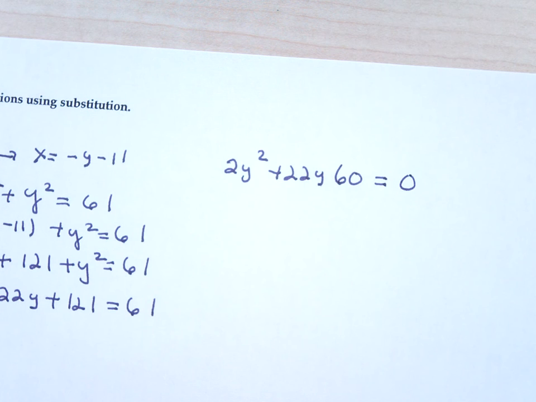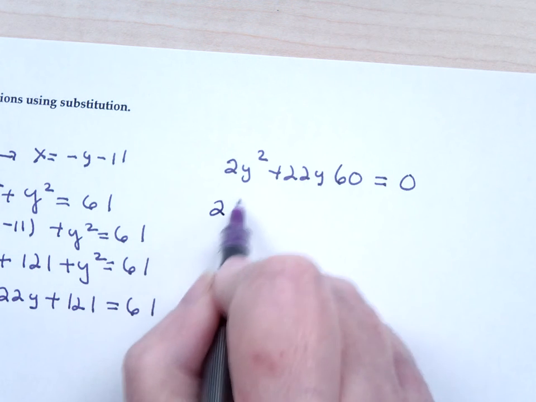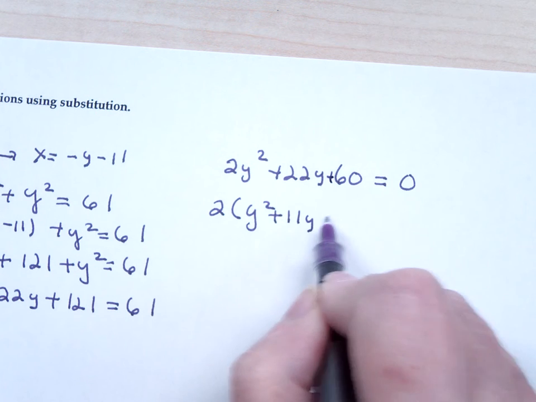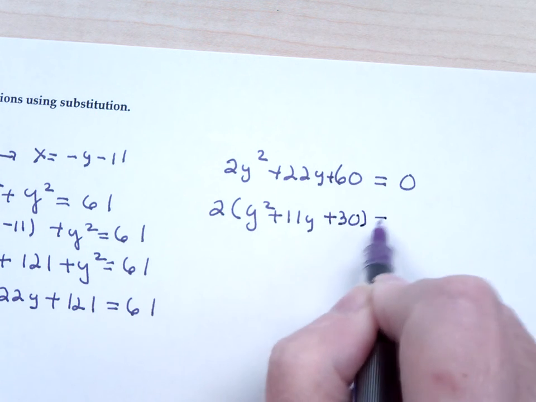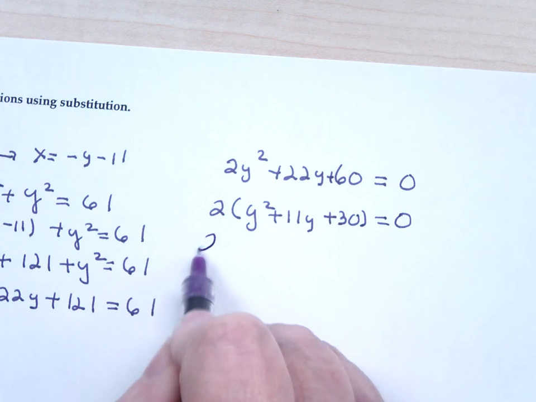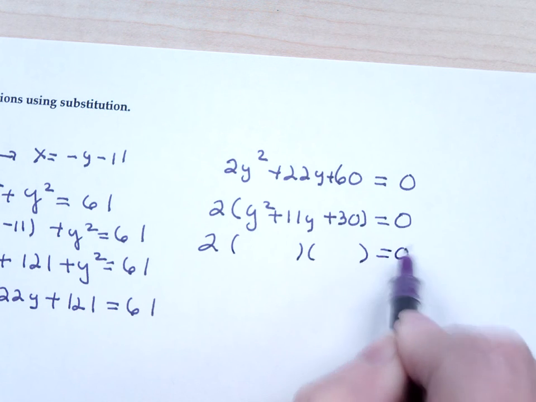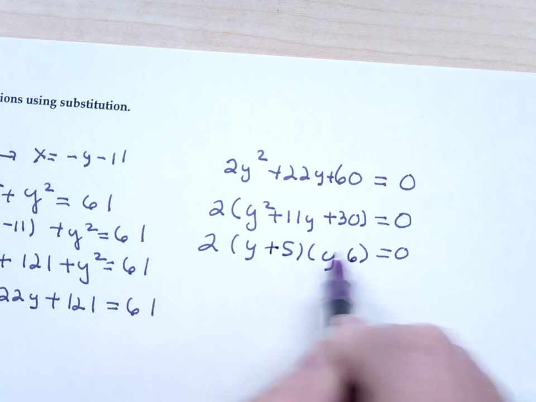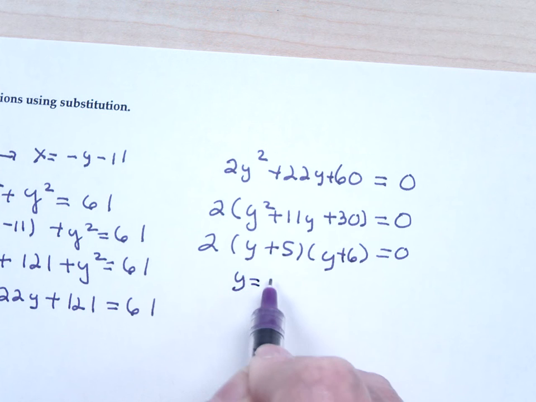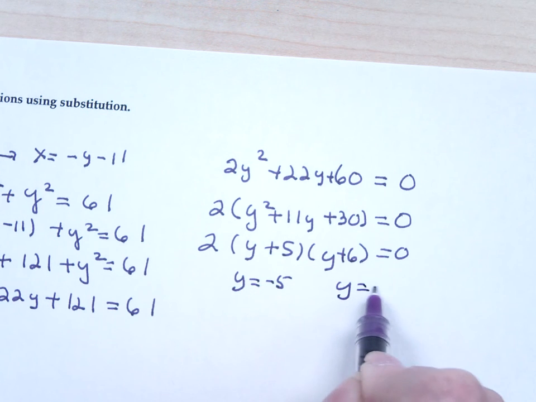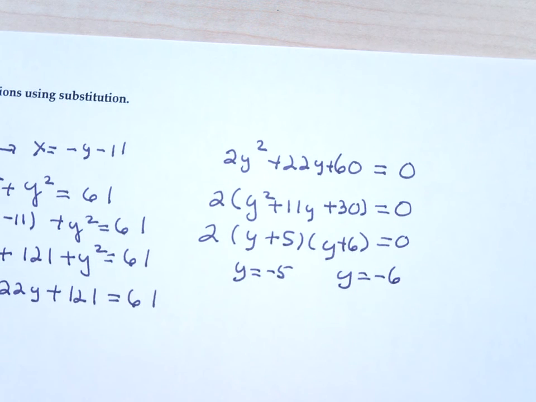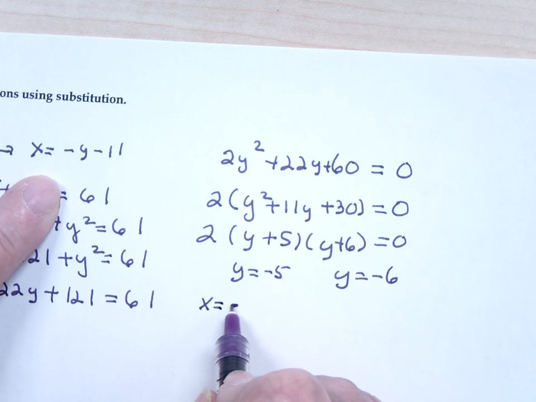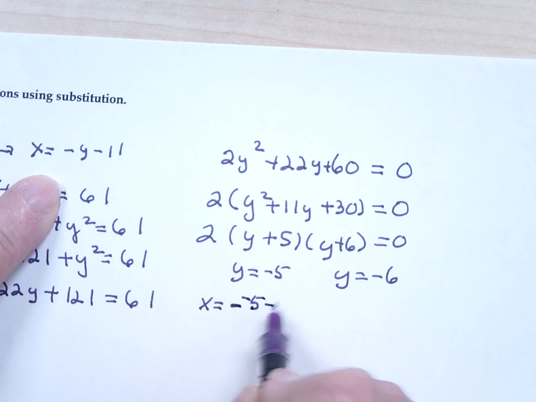Now, easiest thing to do is, got a greatest common factor of 2. Y squared plus 11y, this is a plus 30 equals 0. This factors, and y, 5 and 6, both plus, so that y is negative 5, y is negative 6. So if y is negative 5, I know that x is negative 5 minus 11.